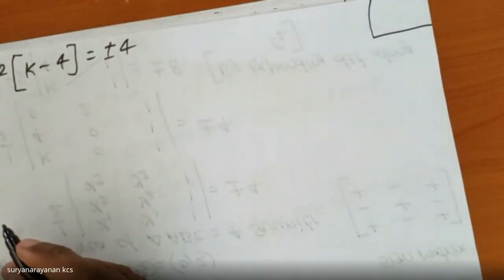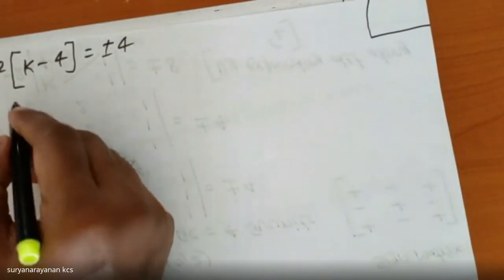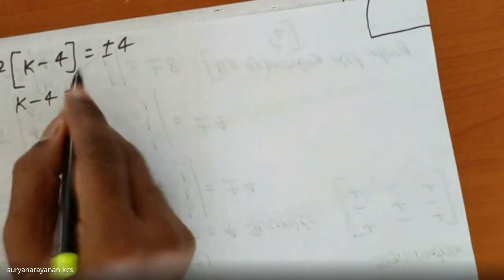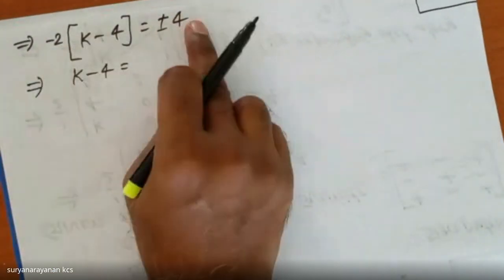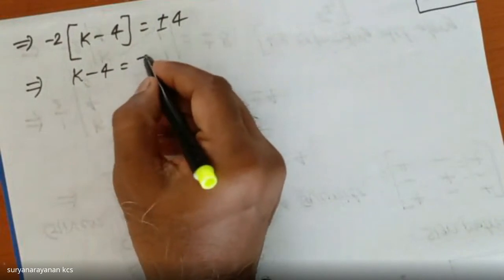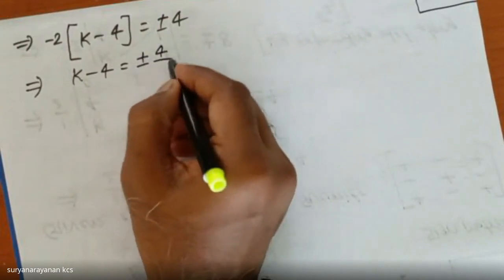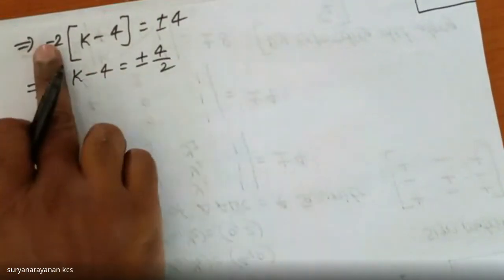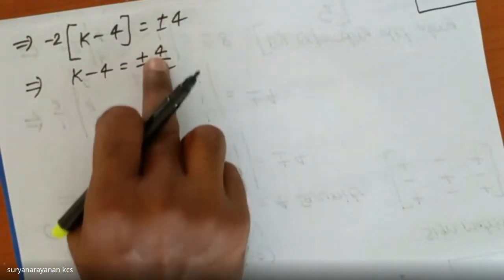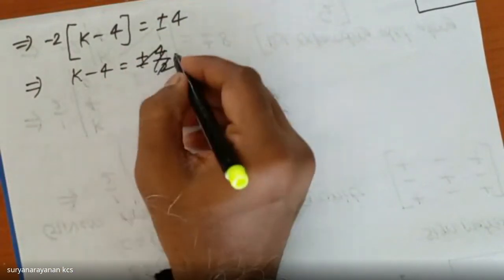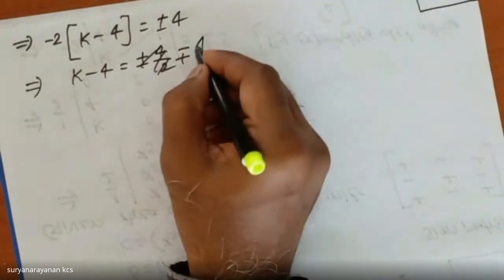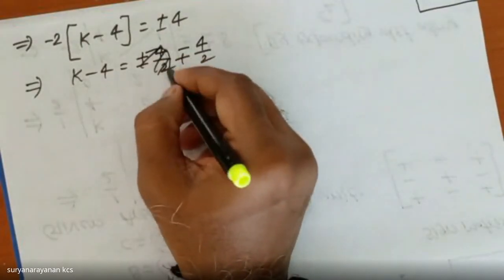Okay. k minus 4 is equal to, if we transpose minus 2 to the RHS, then it becomes plus or minus 4 by 2. Minus is there, so we are changing plus or minus to plus or minus by 2.